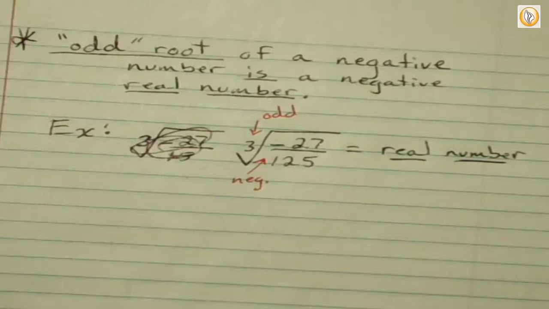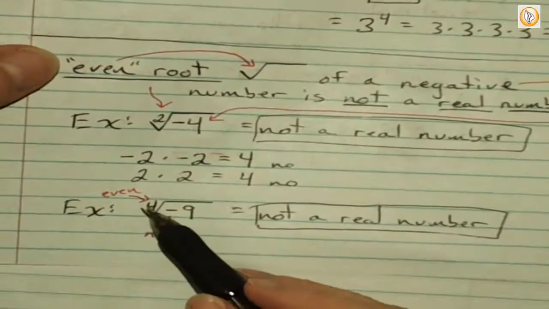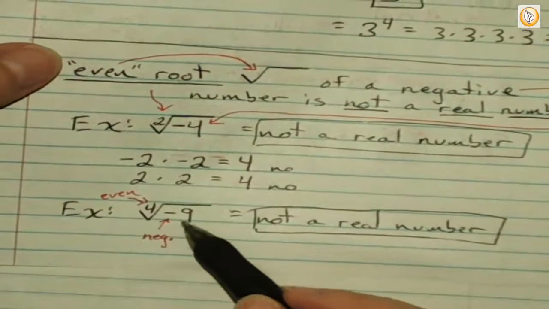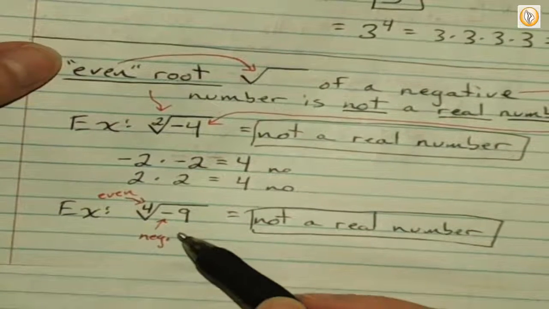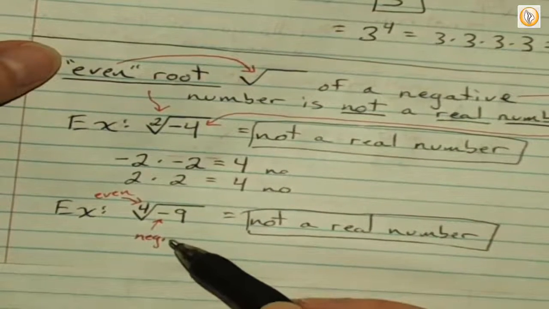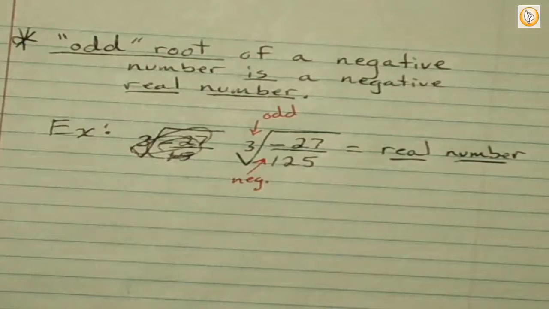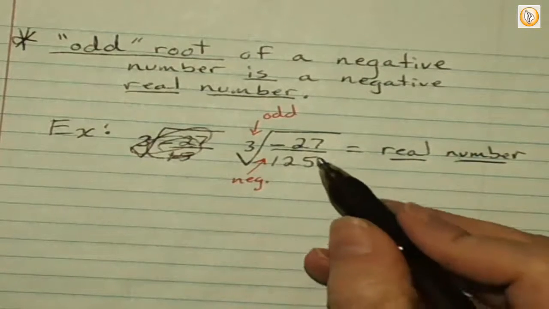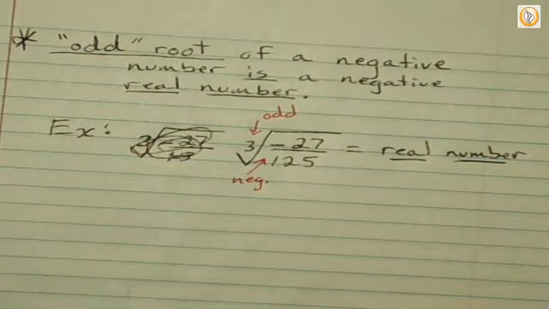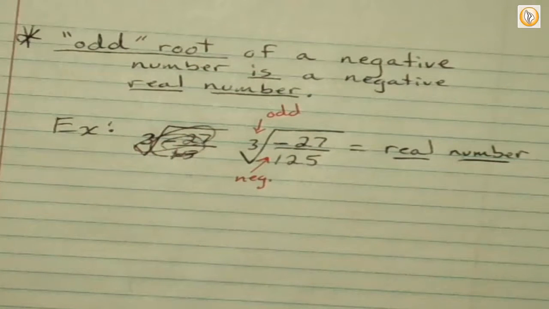Now, just like when we had the fourth root of negative 9, there is no number that times itself 4 times will give you a negative 9. So you have to decide what times itself 3 times will give you this.